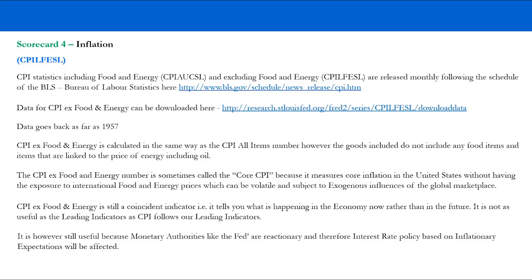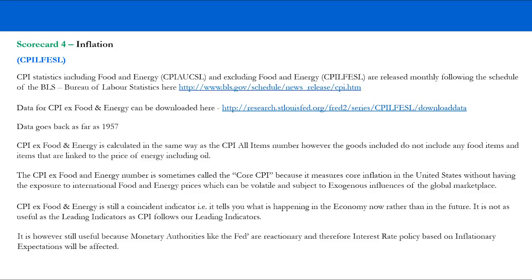However, it is still pretty useful to us because monetary authorities like the Fed, as we've seen on many occasions when analyzing our data, are reactionary, and therefore interest rate policy, money supply policy, all monetary levers are essentially based on inflationary expectations, and the way in which they behave will be affected by their expectations of the inflation numbers.